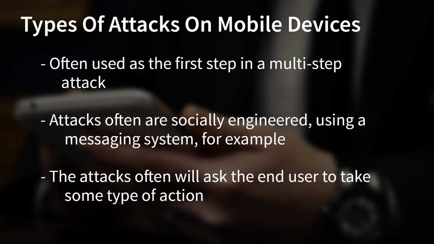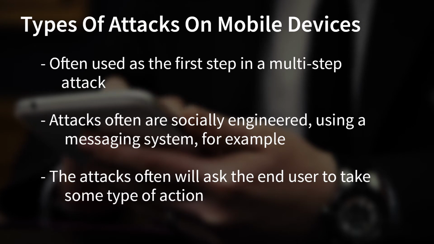And what we're talking about here are things like being sent a link that's malicious over SMS, being sent a link that's malicious over choose your favorite messaging platform. So it typically takes the form of some form of social engineering that's sent through some typical messaging platform that's available on the mobile device only that asks you to do something.